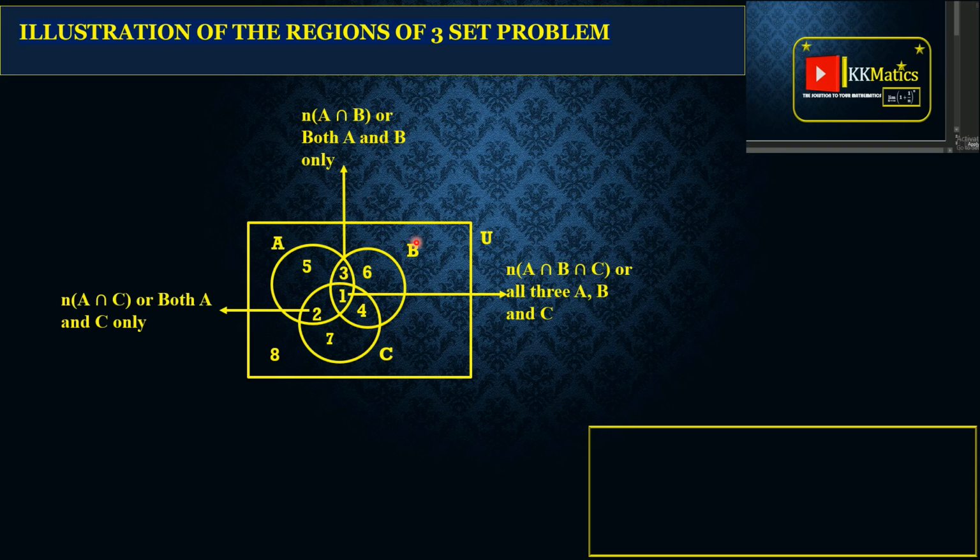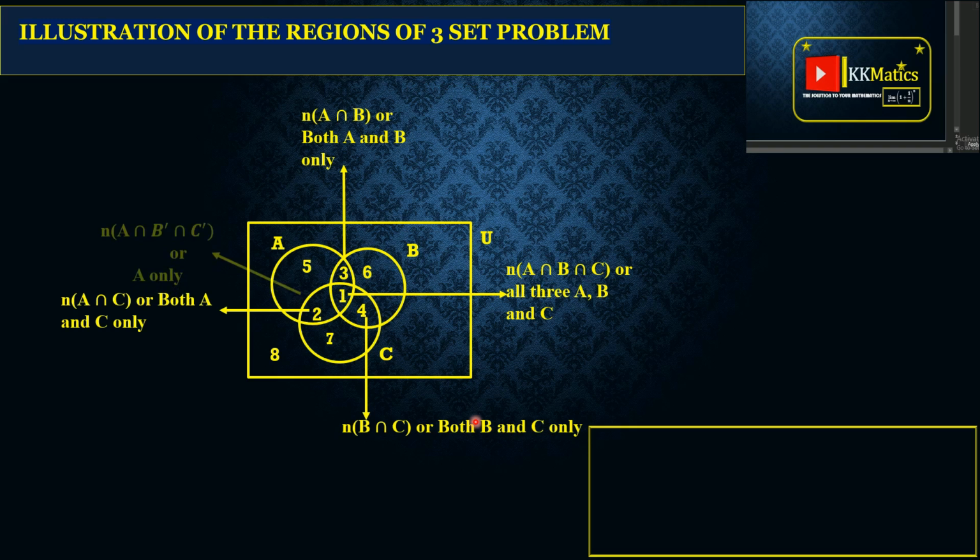And we consider region 4. Region 4 means the number of elements in B intersection C, or we can also say both B and C only.